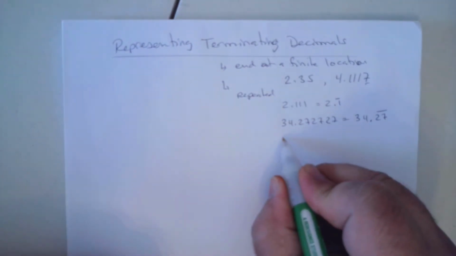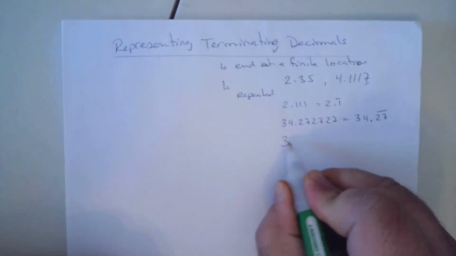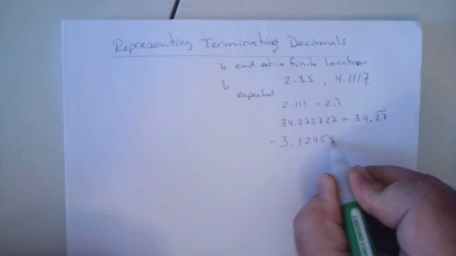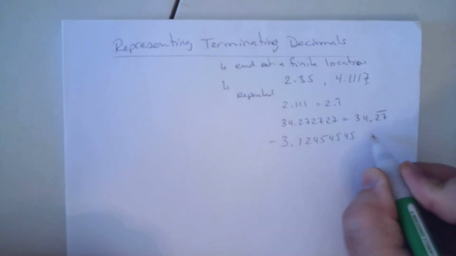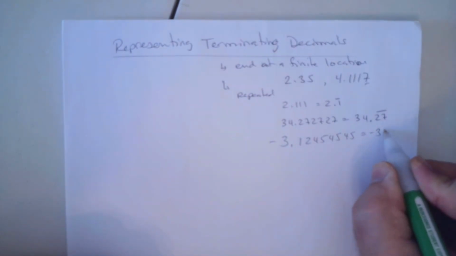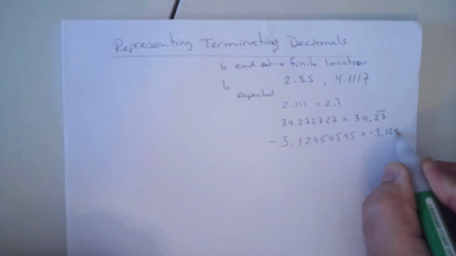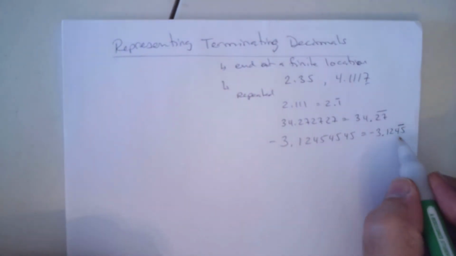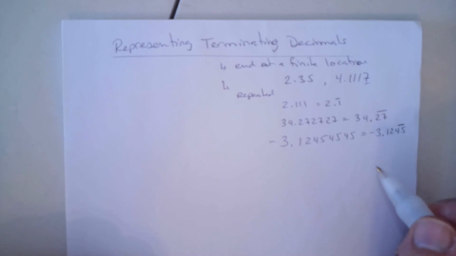Or the repeating could be negative 3.1245454545, and so on and so forth. So we would write 3.1245 and put the bar over.